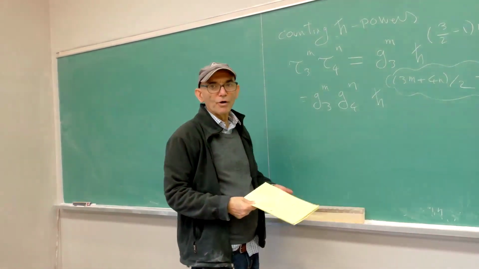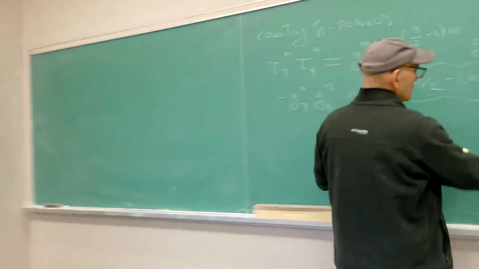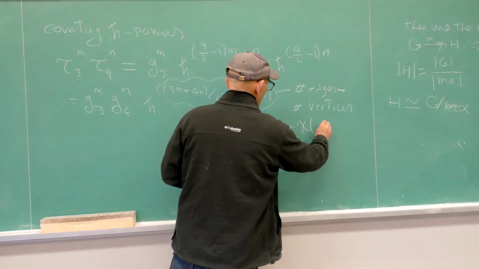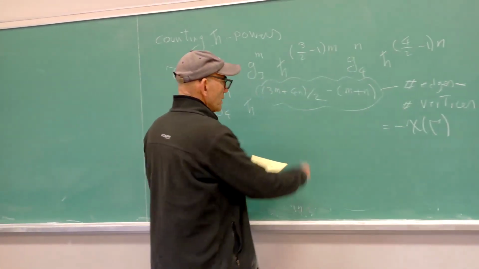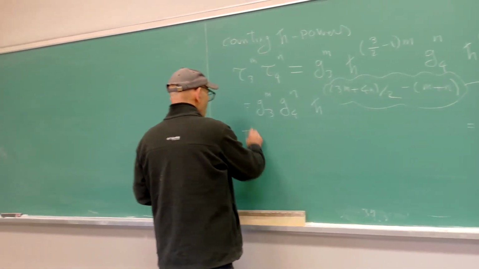This is the negative of the Euler characteristic. So then this is proved.